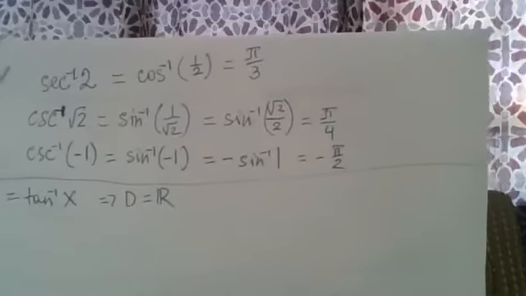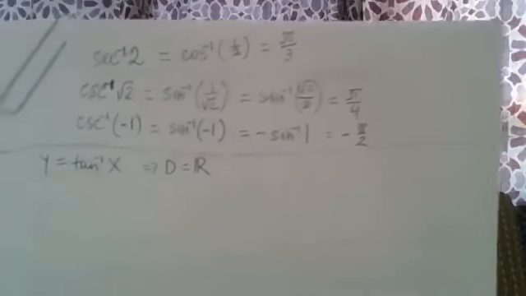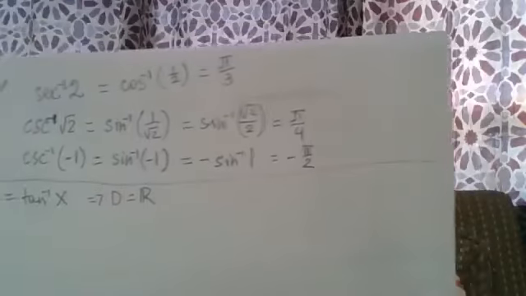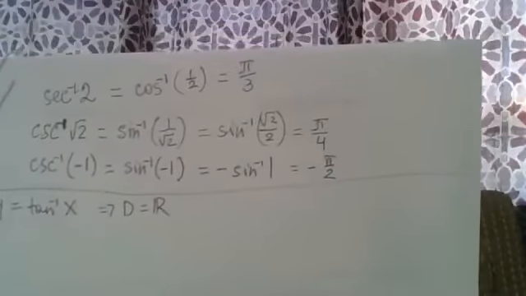And if you remember, the range for regular tangent was set R. This is why the domain for this function is set R. So x can be any real number, positive, negative, 0, greater than 1, less than 1, doesn't matter.